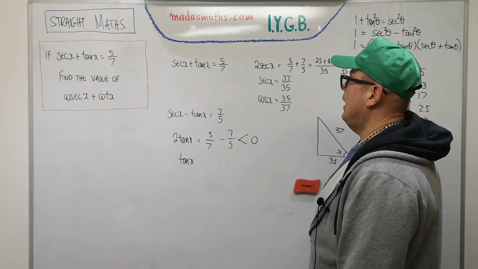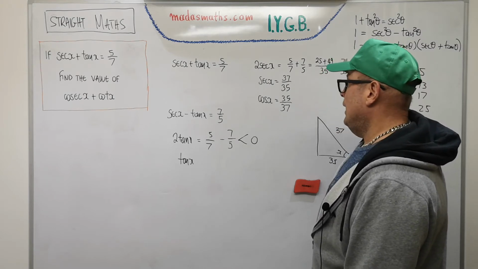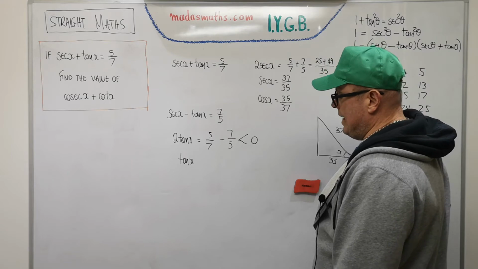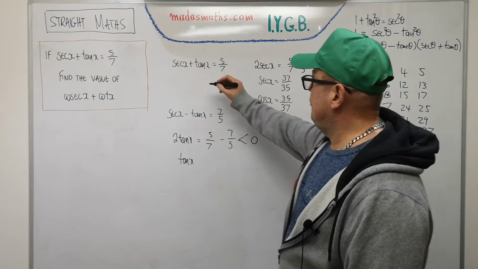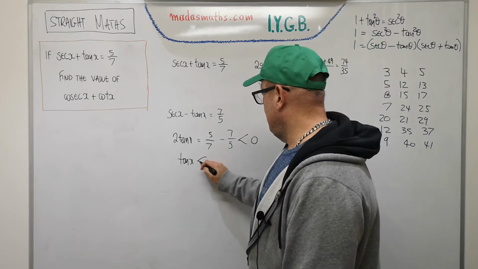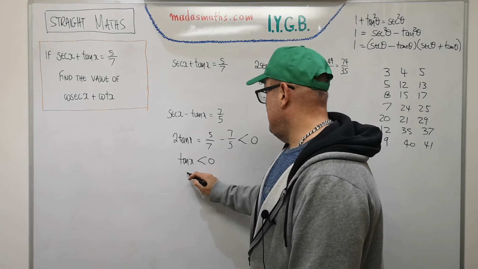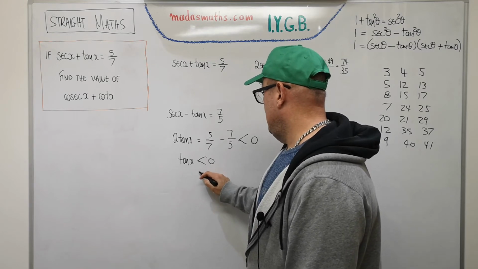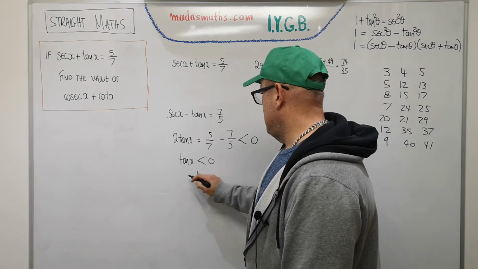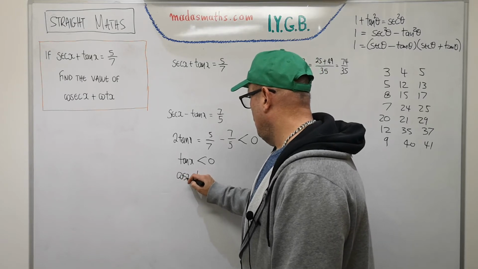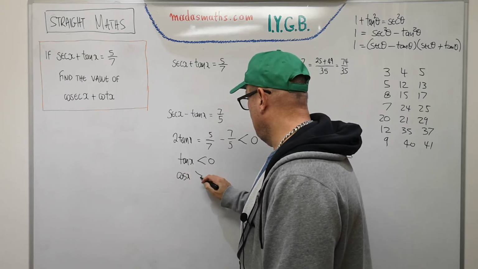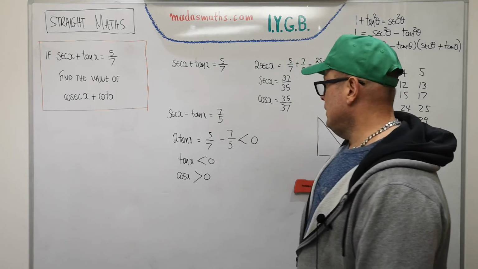Okay, I have a problem now because we have a negative tan and the cos of x is positive. What does that mean?